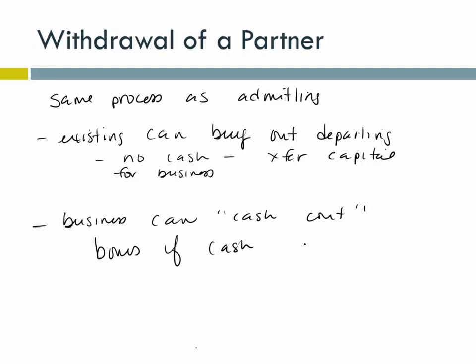So there's a bonus if the cash is not equal to the capital balance that you're closing out. And again, that bonus could be to the remaining or the departing partners, depending on a whole bunch of things. But it would be the same thing. You would reevaluate the cash, and it works exactly the same way as admitting a new partner, just the reverse image.